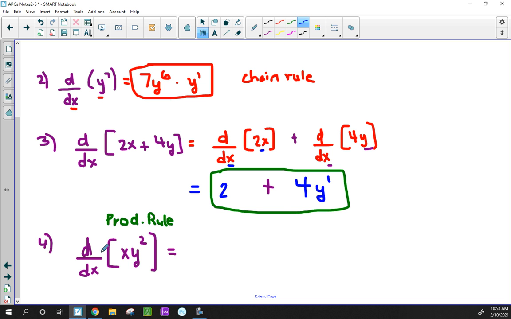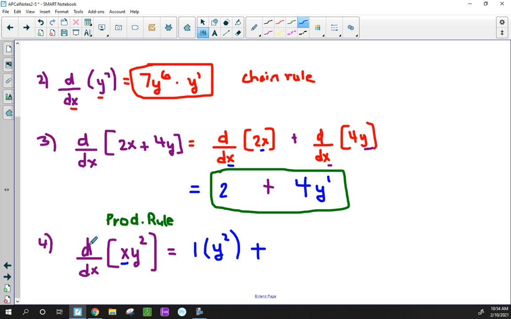Alright, so let's start off with the derivative with respect to x of the first. Here's the first. Derivative of x with respect to x is 1. Derivative of the first times the second. So then you'll just do y squared in parentheses. Product rule has a plus sign in between.